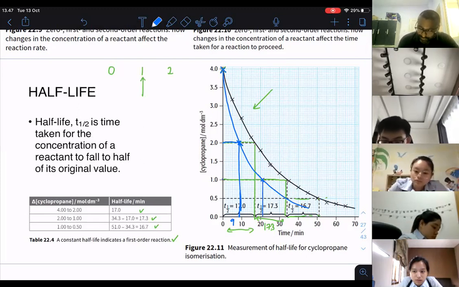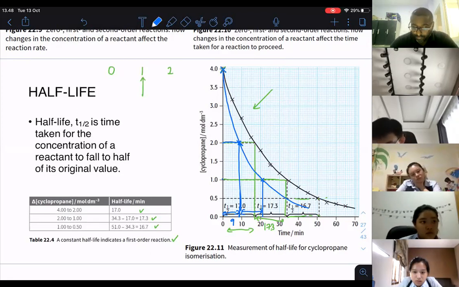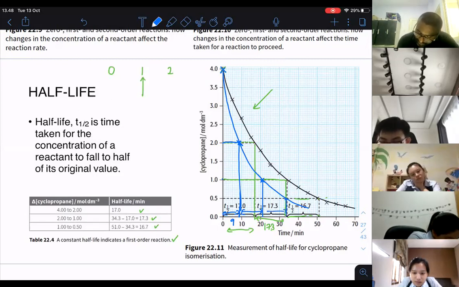How do I know? You can see the distance. It's definitely more than 9. From 1 to become 0.5, the distance is getting bigger, unlike the previous one.